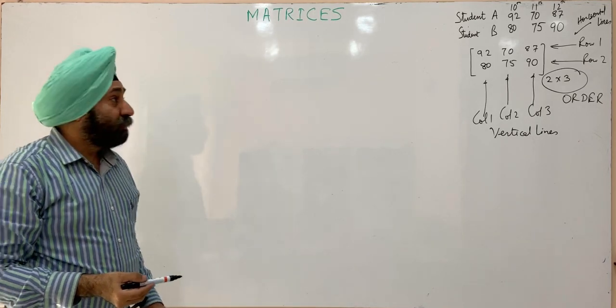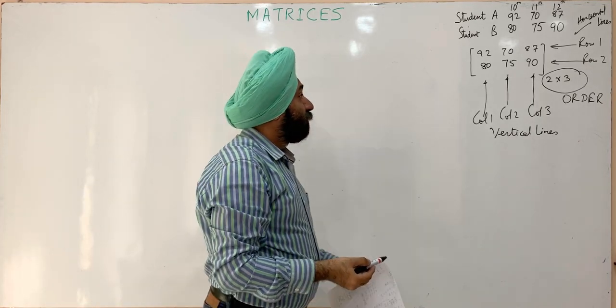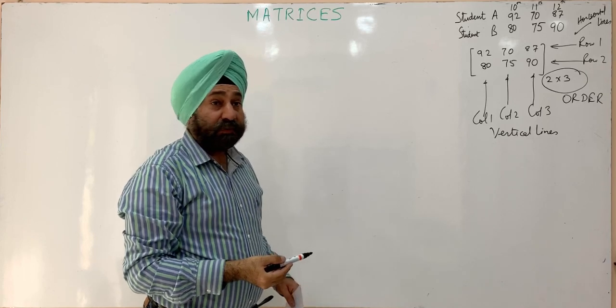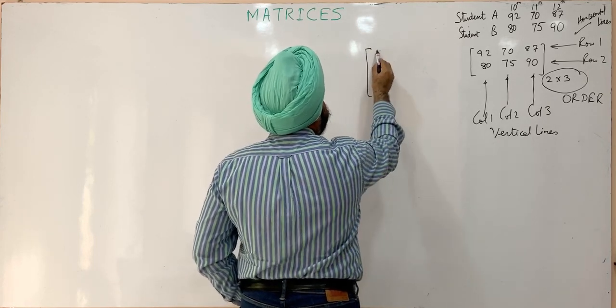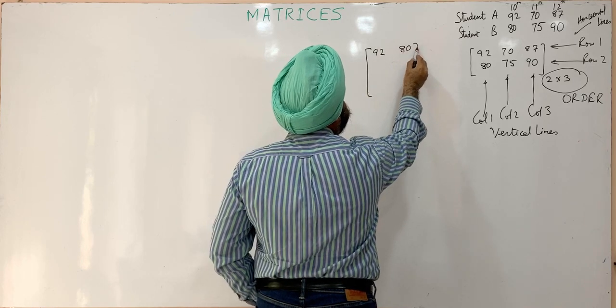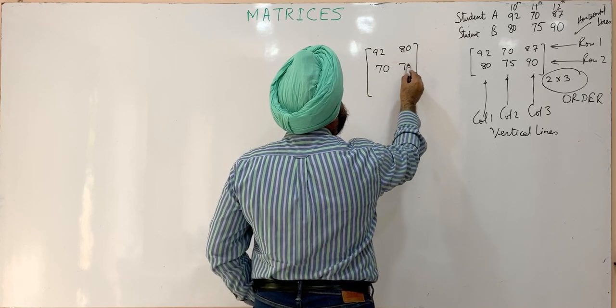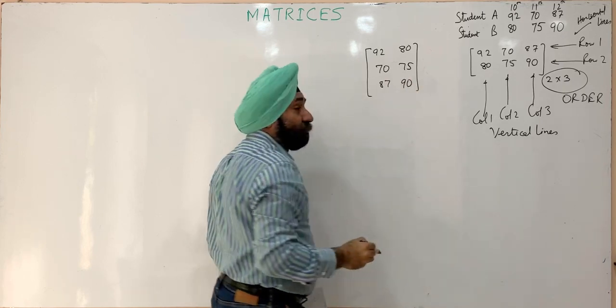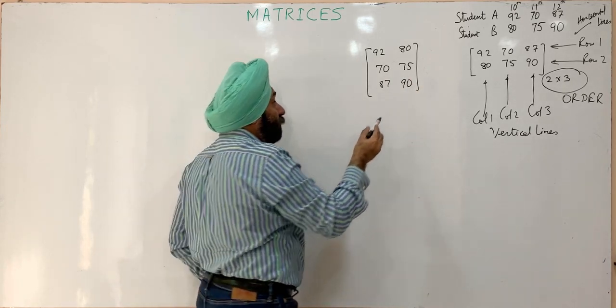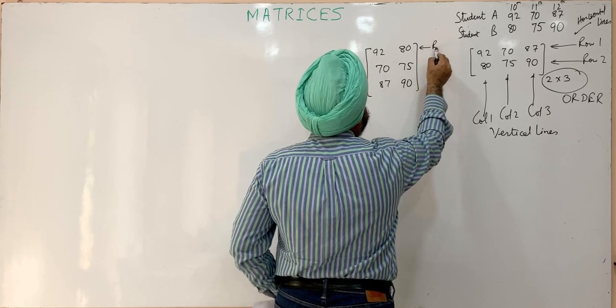The same information we could have represented in a different way. That's 92, 80, 70, 75, 87 and 90. So here we have three rows.